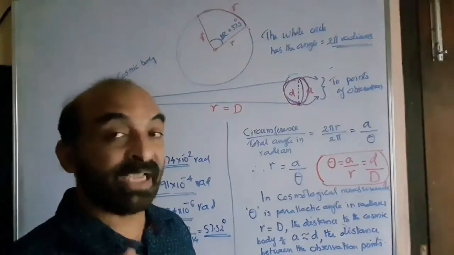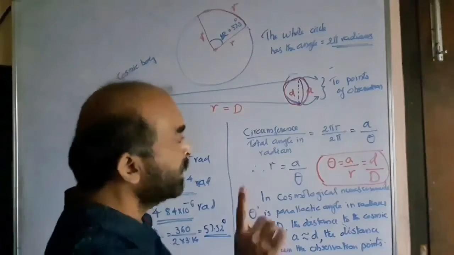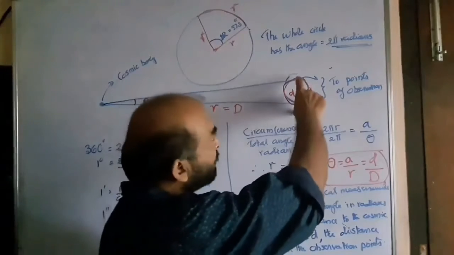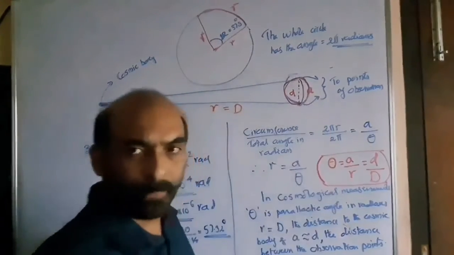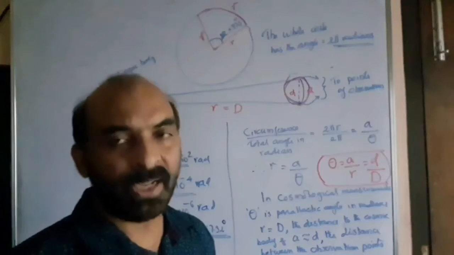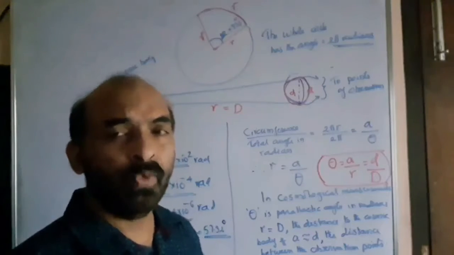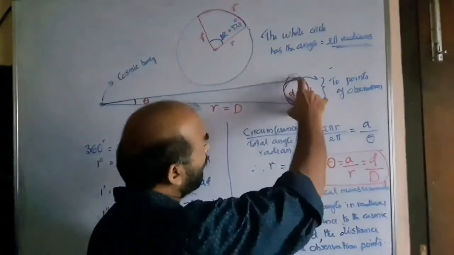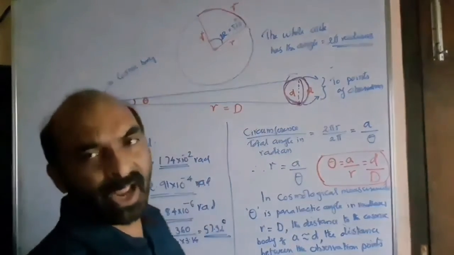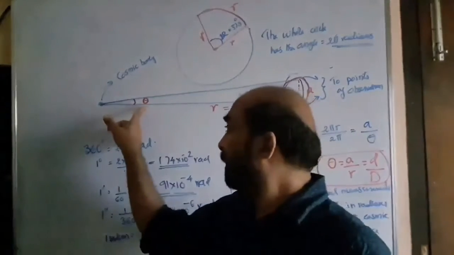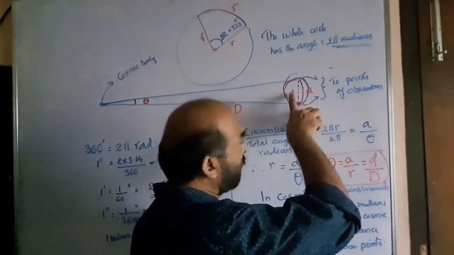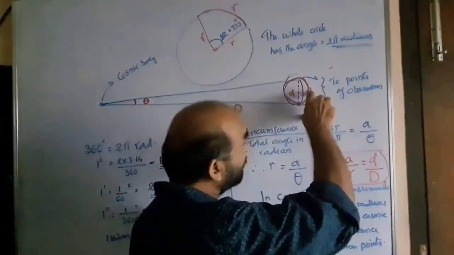Now we change the symbols to get a general form. See here, this arc length is approximated to be the diameter. Why approximate? Because the arc length is not a straight line; it is partly a curve. But when you compare with such a huge distance, this value can be approximated to be this, especially when theta, the parallactic angle, is very small. There is nothing wrong if we approximate this diameter with this arc length.